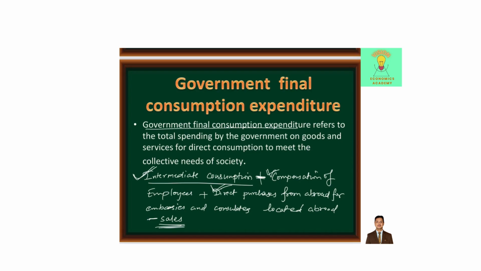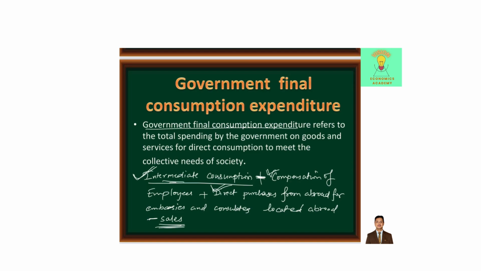Now the intermediate consumption includes all the office supplies, fuel for government vehicles, maintenance services, utilities like electricity, etc. Now we all know what compensation of employees is, and I've already explained it, right?